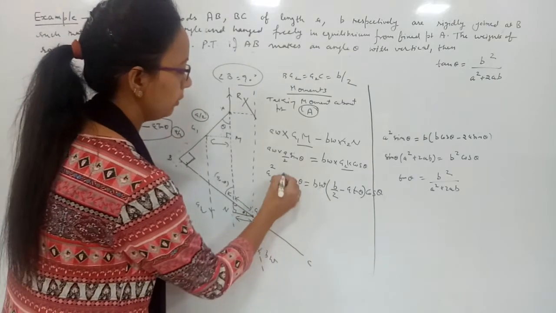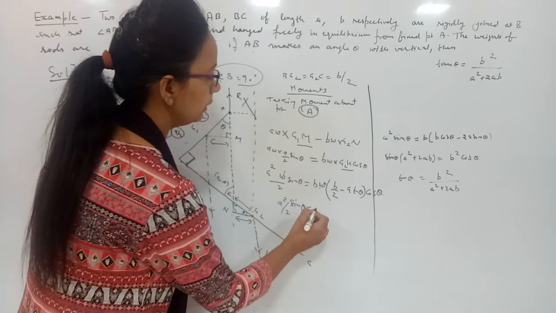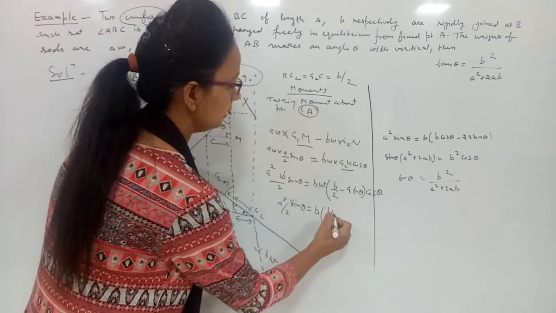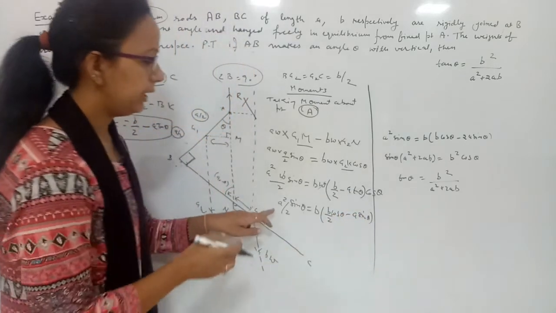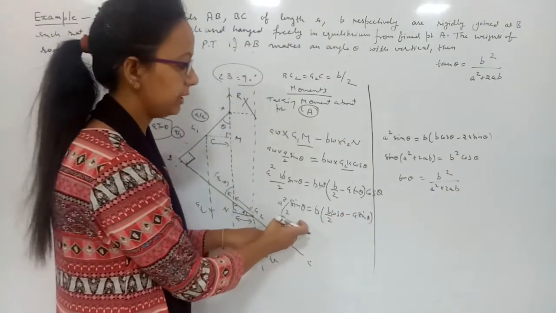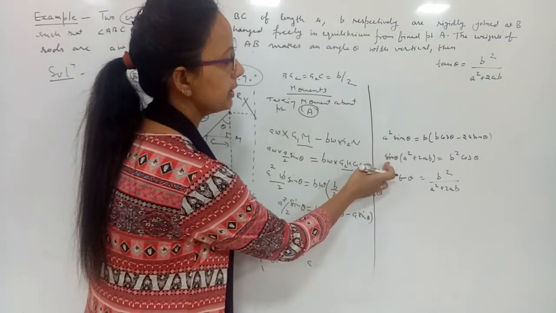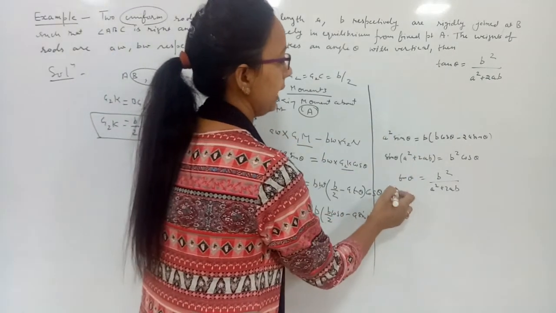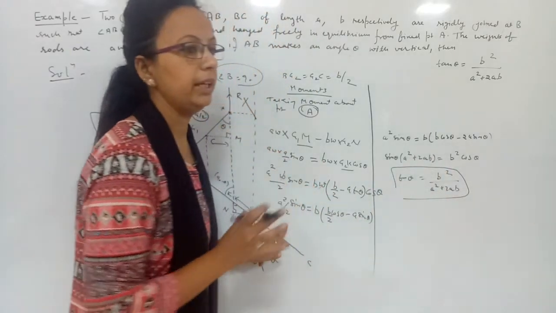W cancels out, so A square by 2 into sin theta is equal to B by 2 cos theta minus A sin theta. And after simplifying, if you simplify this by taking LCM, you will get this equation, and then sin over cos will be your result, tangent theta equals B square divided by A square plus 2AB. Thank you.